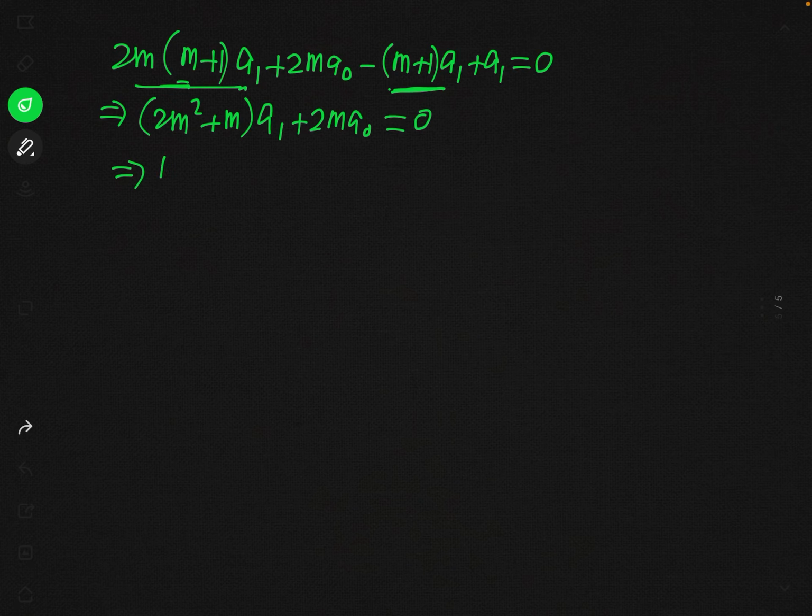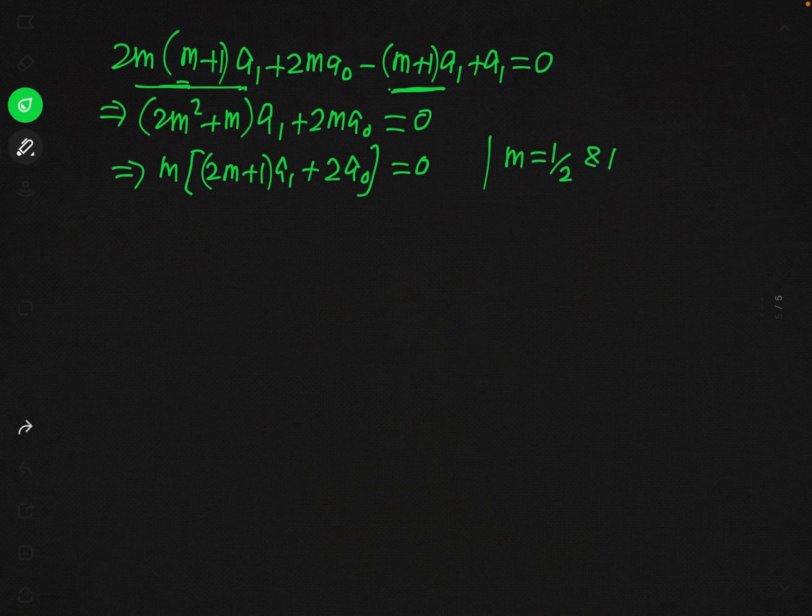Now we can take one of the m as a common factor. So here will be (2m plus 1) into a1 plus 2a naught, and this is equal to 0. Now again you can say that this m which we have obtained, you have seen that m is either 1 by 2 or 1.